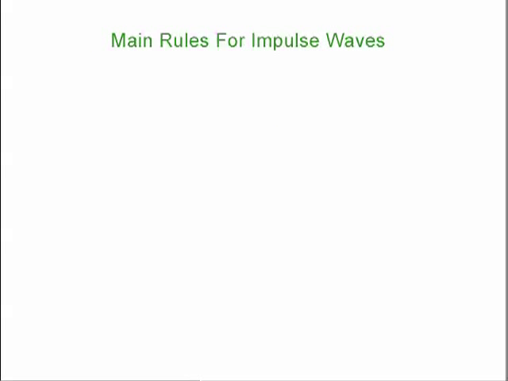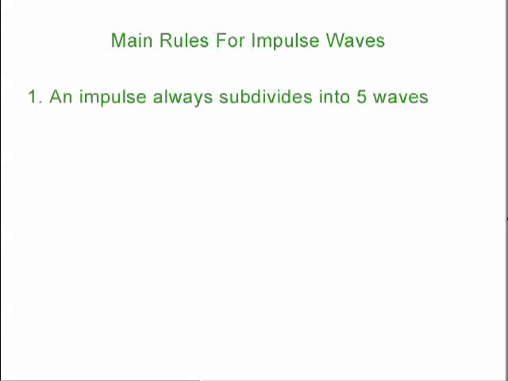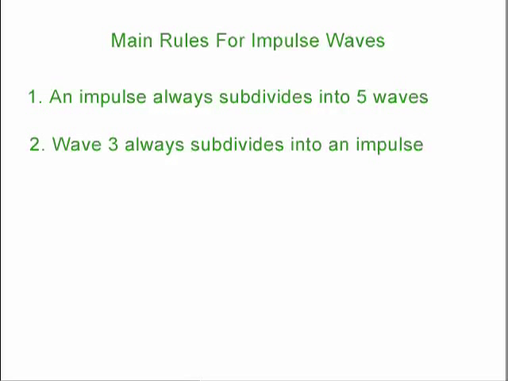For impulses, these are the main rules that must be met for your wave count to be valid. An impulse always subdivides into 5 waves, and they are labelled 1 through to 5. Wave 3 within an impulse itself always subdivides into an impulse.